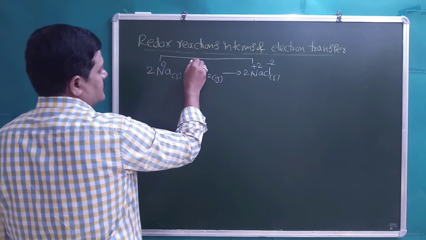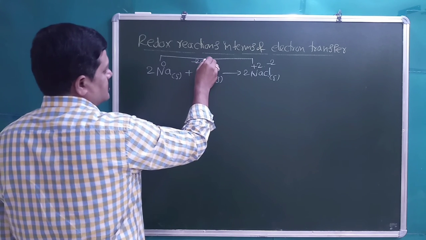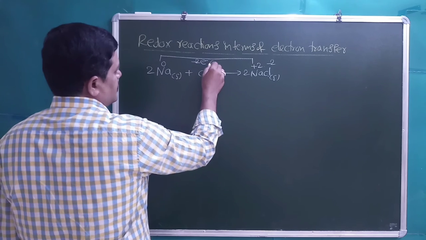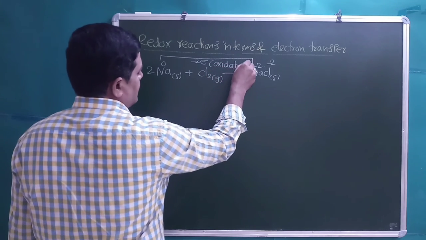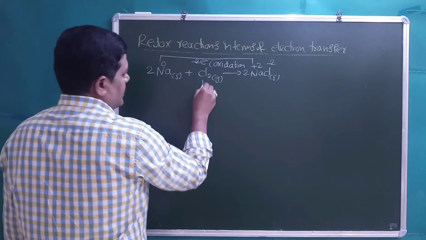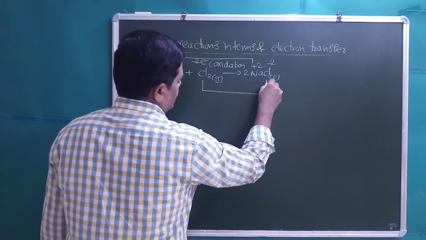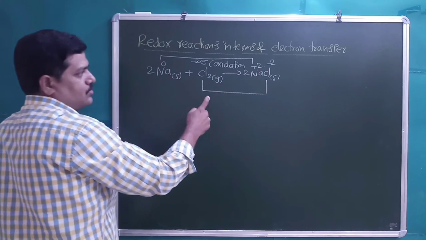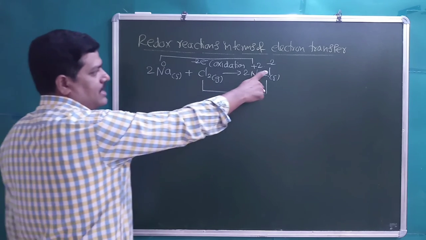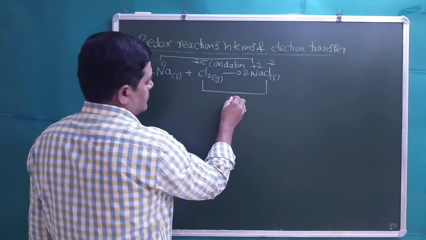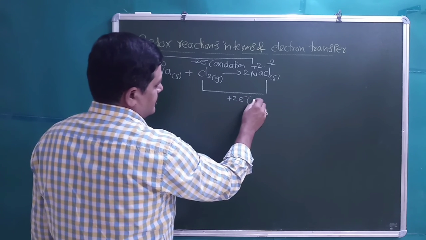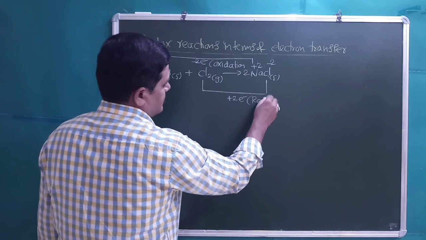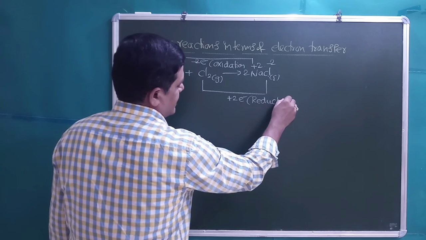So it is losing 2 electrons. Loss of electrons is called oxidation. For chlorine, it is converting from 0 to minus 2 for 2 chlorines. 1 chlorine minus 1, 2 chlorines minus 2. So it is accepting or gaining 2 electrons. Gain of electrons is called reduction.